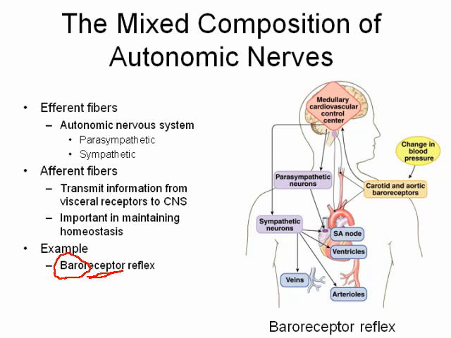So these are blood pressure receptors. They are located in the carotid artery and the aorta. They are located here at the carotid bifurcation, where the common carotid artery branches into the internal and external carotid artery, and there are also some of them located here in the aorta.